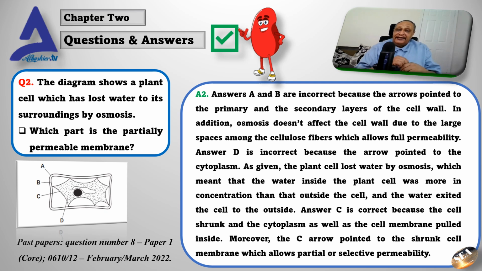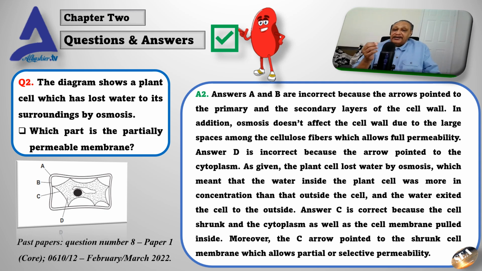Answer D is incorrect because the arrow pointed to the cytoplasm. As given, the plant cell lost water by osmosis, which meant that the water inside the plant cell was more in concentration than the outside of the cell, and the water exited the cell to the outside.